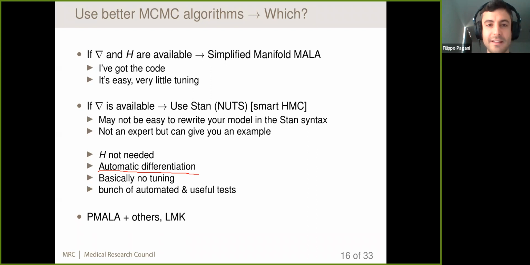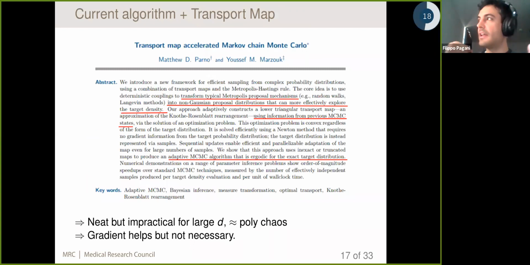There's plenty of other choices of other algorithms that you can use. And if you indeed find some good ones, just let me know. I'd be interested to know that. Another thing you can do, in case you don't have the gradient, in case you don't have the Hessian of your model, you can apply the transport map. What's the transport map?